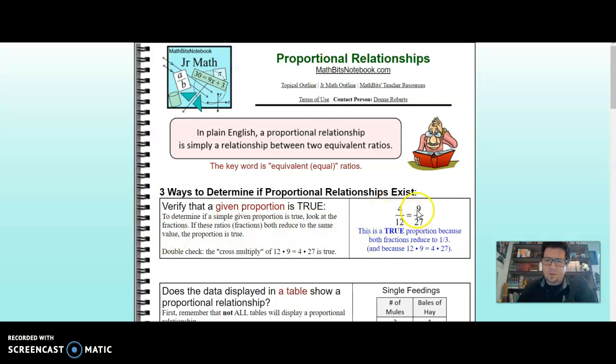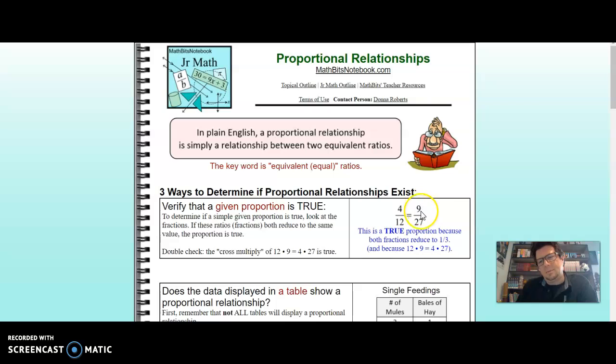So 4/12 and 9/27. Okay, they're proportional because you could reduce them both to 1/3. 4 divided by 4 can turn to 1, and 12 divided by 4 would be 3.